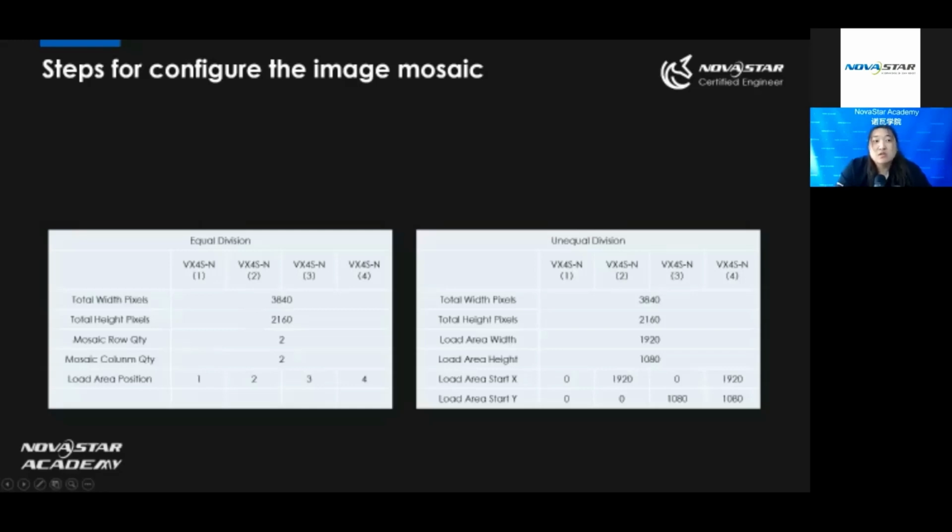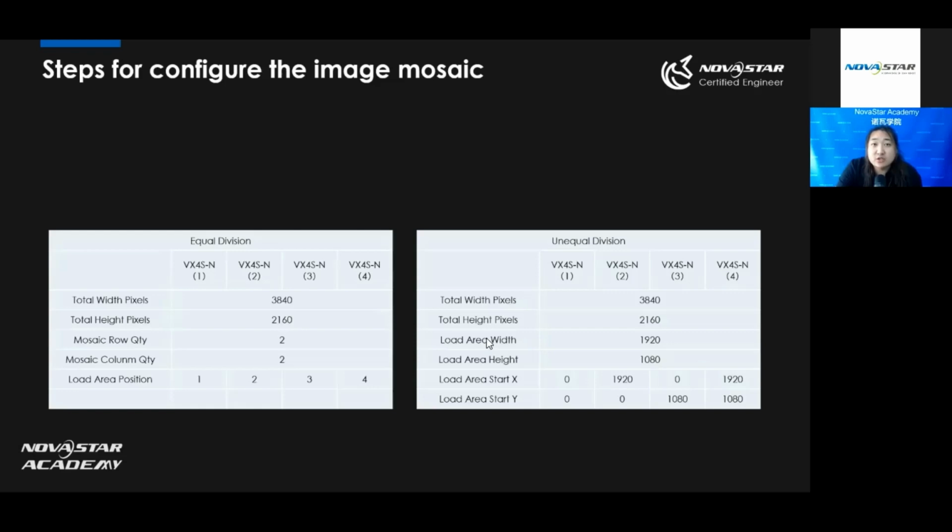And the load area position tells the first device to load the top left corner and the second the top right corner, whatever, it depends. And let's say sometimes we can't just divide them by the same pixels, the same resolution here. What should we choose?